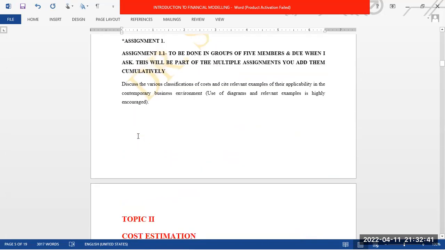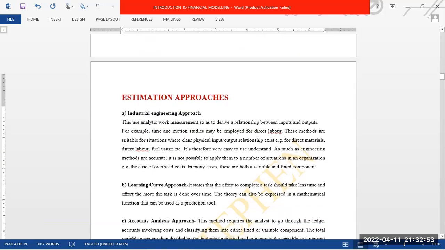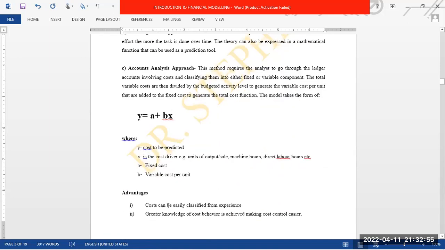You can see it here. This is the cost being predicted, and is usually denoted by y. So y always depends on x, and a is always a fixed cost, or it does not vary. All that I'm talking about is defined here.